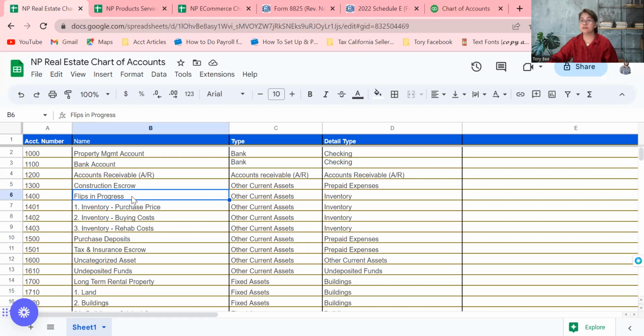So my explanation is, some people will say that real estate is very easy because there's no inventory. It's wrong. If the house that is being renovated is not yet done, all the expenses should not be reflected in the profit and loss. Why?